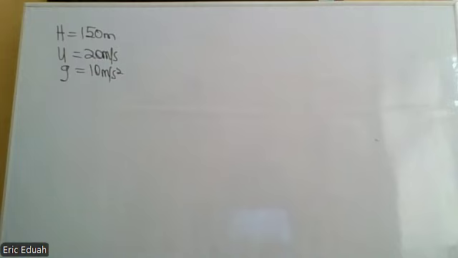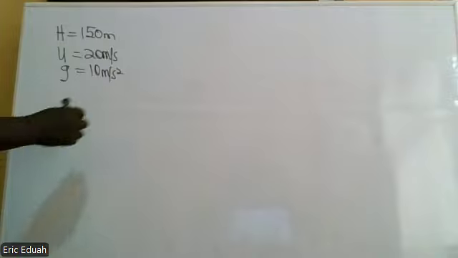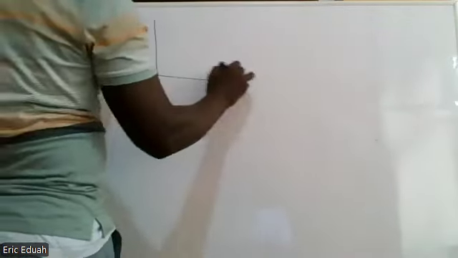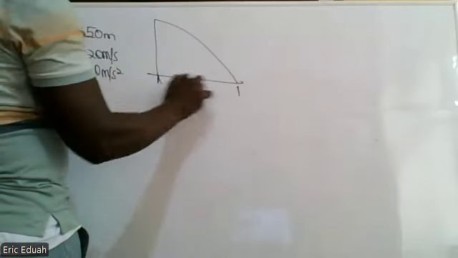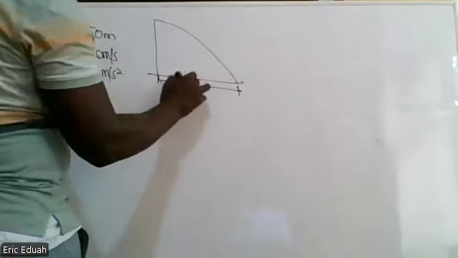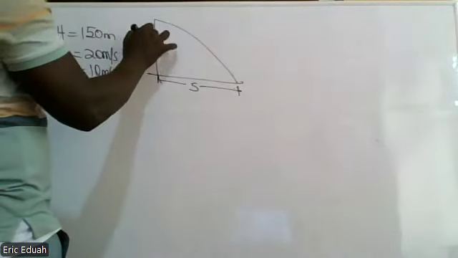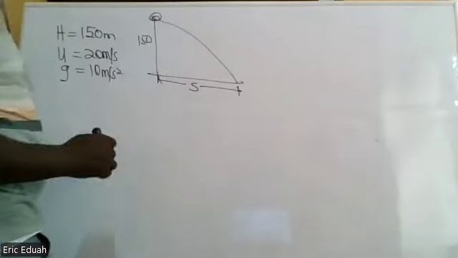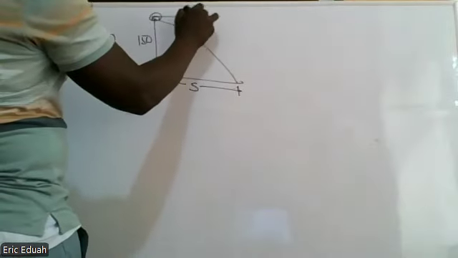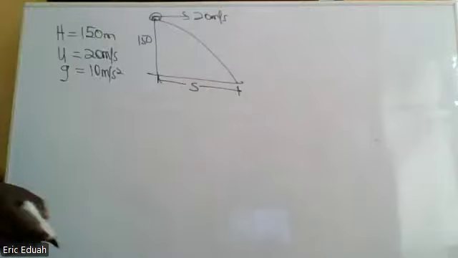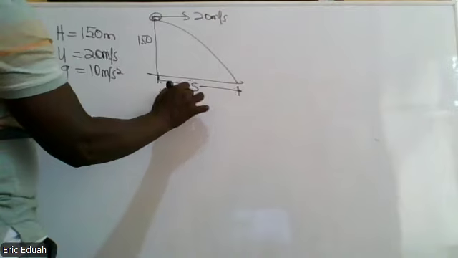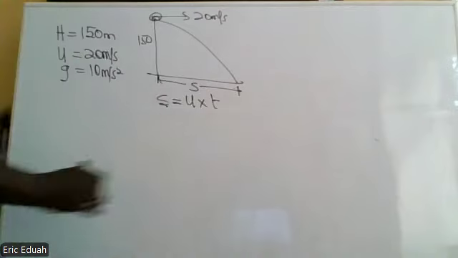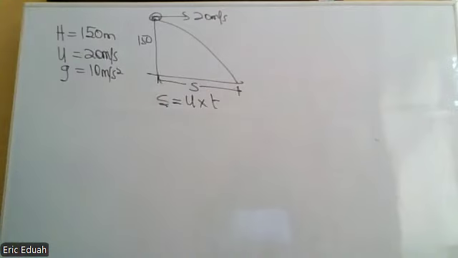So determine S. S is the range. This is S, and this is 150. The ball is kicked with this velocity of 20 meter per second. So S will be equal to the constant horizontal velocity times the time of flight. The time of flight is a bone of contention here.